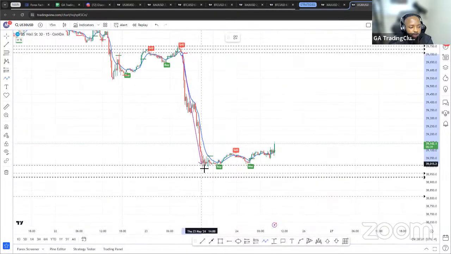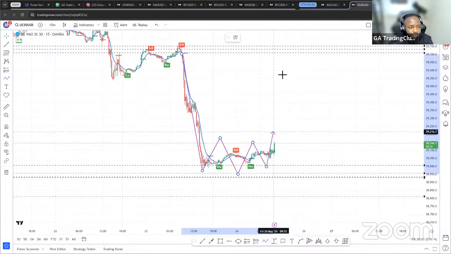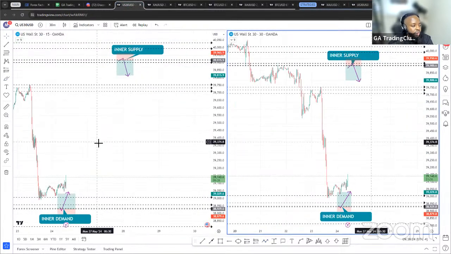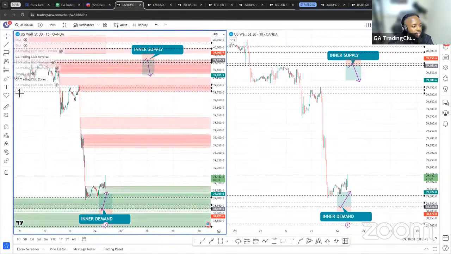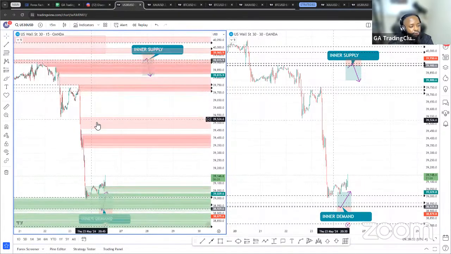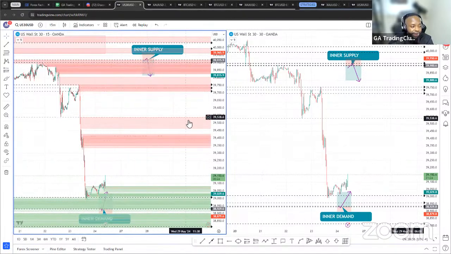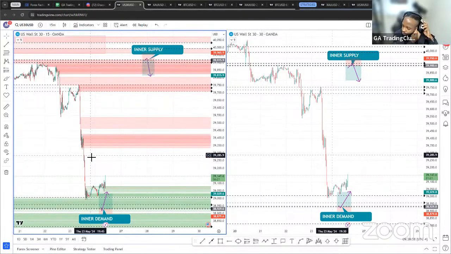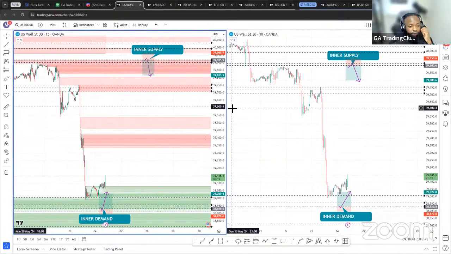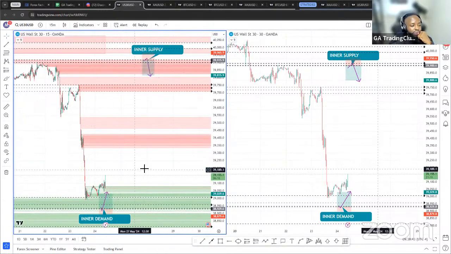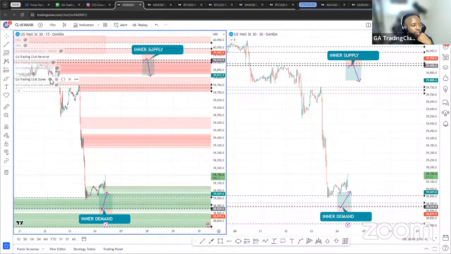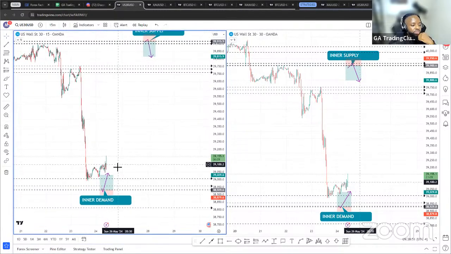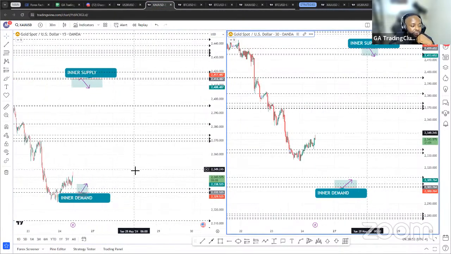So that's why, like today, you guys will notice in my markups, as much as we have supply, if I turn on the zones indicator, we have supply here, here, and here. Historically, we've seen that price likes to complete structure for most of these instruments. So I'd be mostly looking to catch an entry, especially now that we are seeing price action shifting to the upside, especially for US 30 and even for gold.